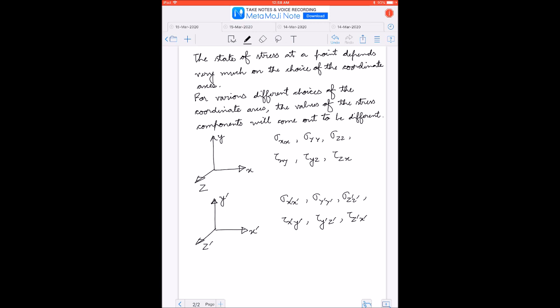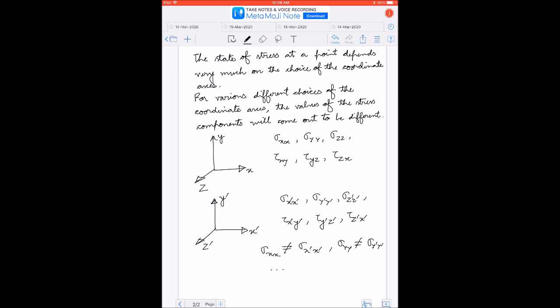Now, in general, sigma xx will never be equal to sigma x dash, sigma yy will never be equal to sigma y dash, and so on and so forth. So again, to emphasize the point that I had been making all along, it really does depend on what coordinate axis you have chosen to work out your problem.